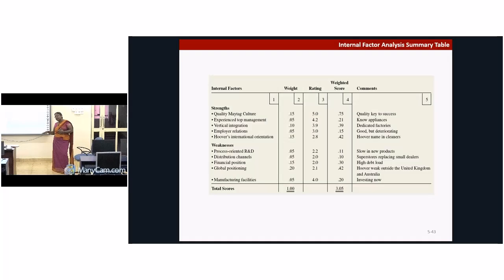You quantify these using weights and ratings, and finally you get a final figure representing your internal strength.